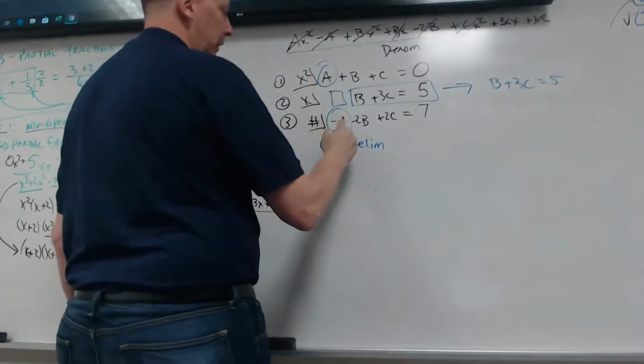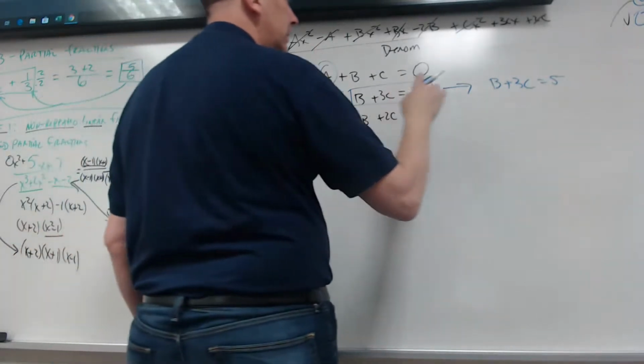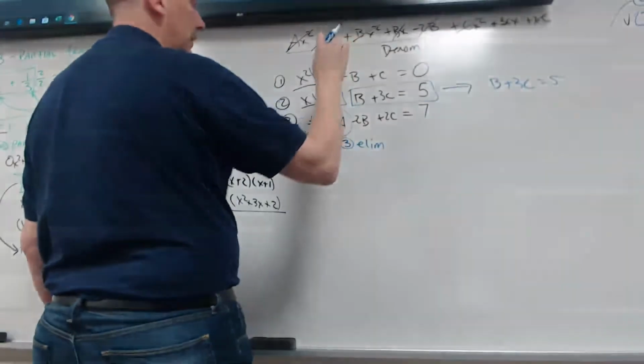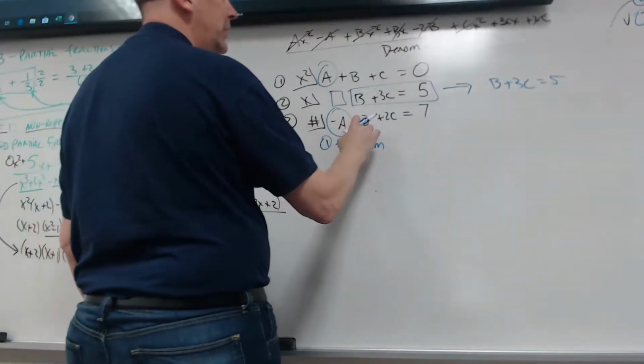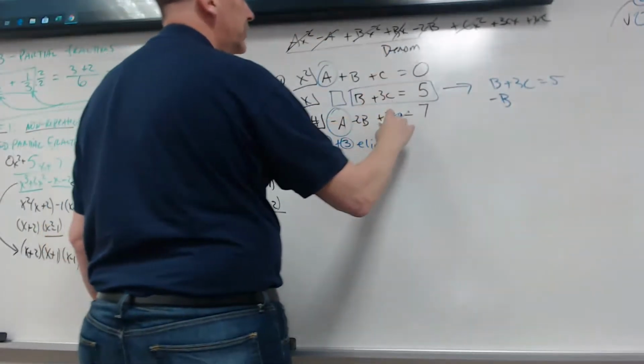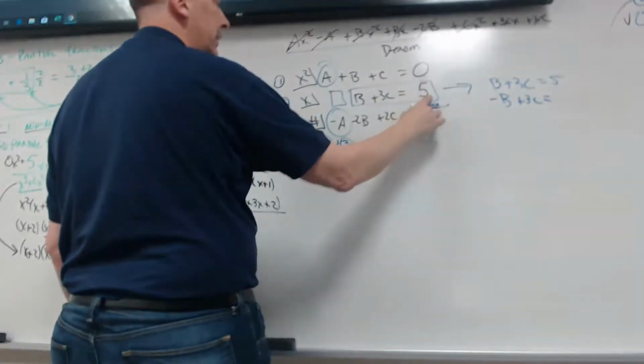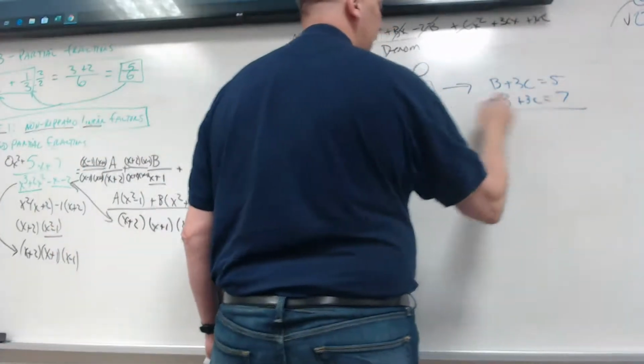Okay, so if I take 1 plus 3, a minus a is 0. b minus 2b is negative b. c plus 2c is 3c, equals 0 plus 7, which is 7.